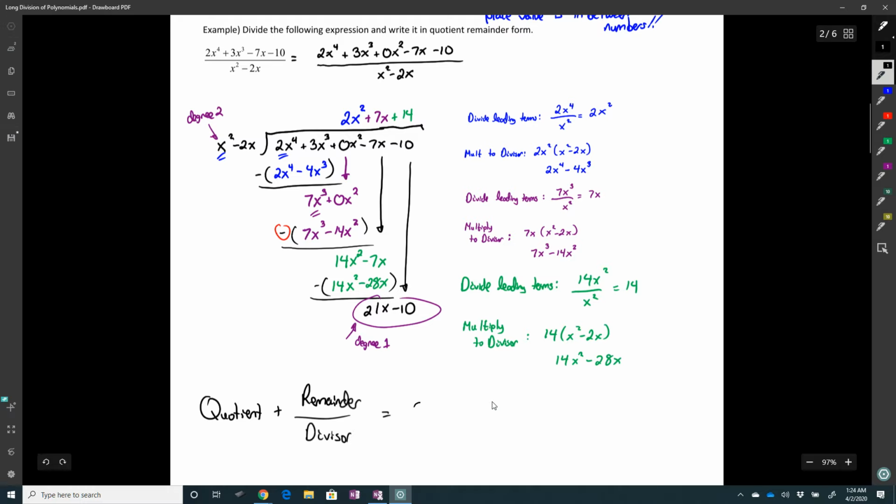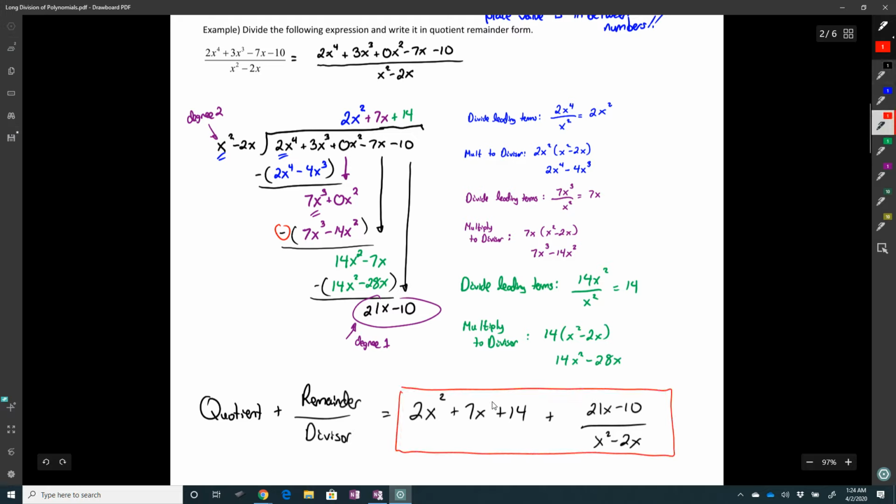My quotient is 2x squared plus 7x plus 14, then plus remainder, 21x minus 10, over divisor, x squared minus 2x. There you go, and that's your final answer.